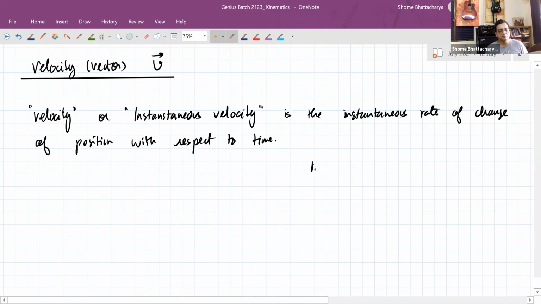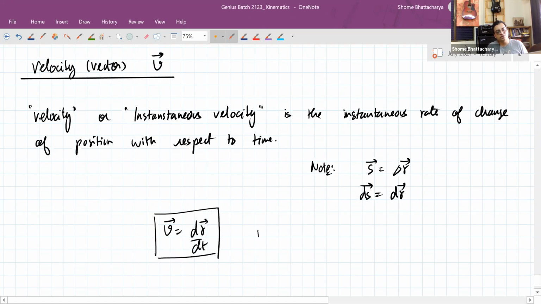But you understand that displacement is only the change in position, no? The displacement between any two instants of time is the change in position. So the displacement for a very small interval of time is the same as the change in position dr during that displacement. Mathematically, we are defining velocity as the instantaneous rate of change of position with respect to time.